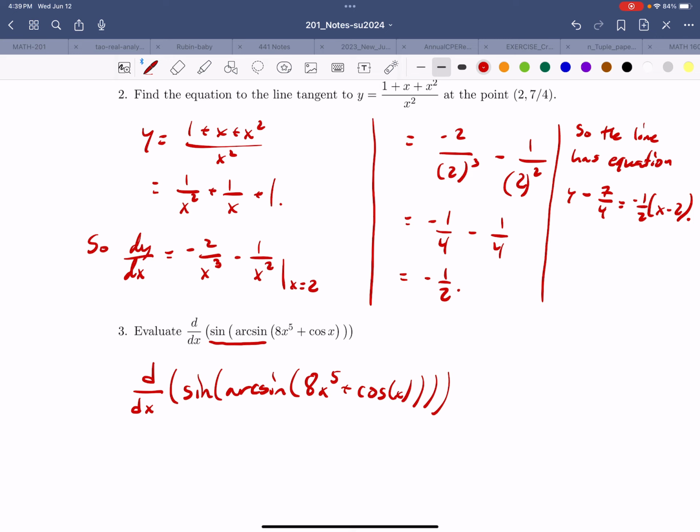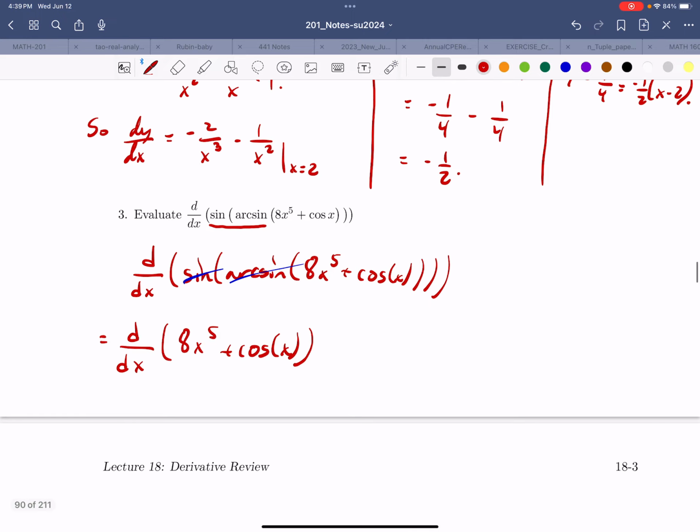The derivative with respect to x of this is the same thing as the derivative of, right, these guys cancel, like the square root of x squared. So we're just left with the derivative of 8x to the 5th plus cosine of x, and that, of course, is just 40x to the 4th minus sine of x. That's it.